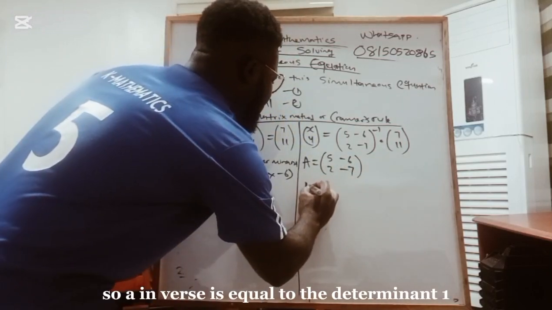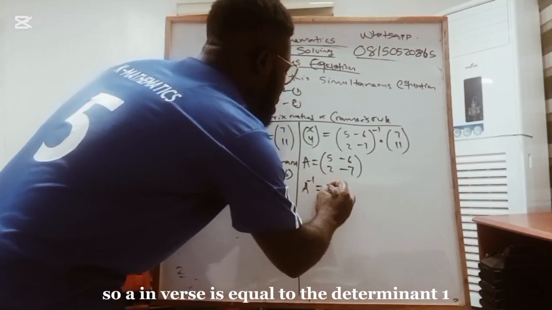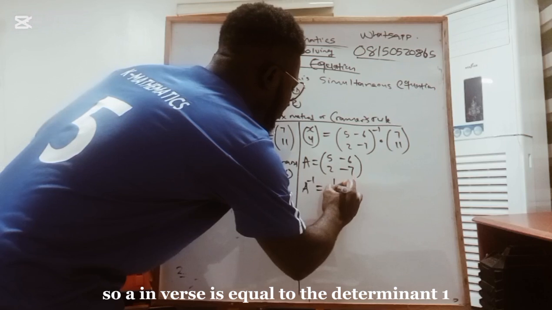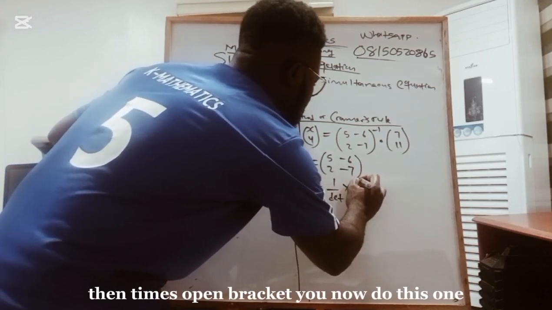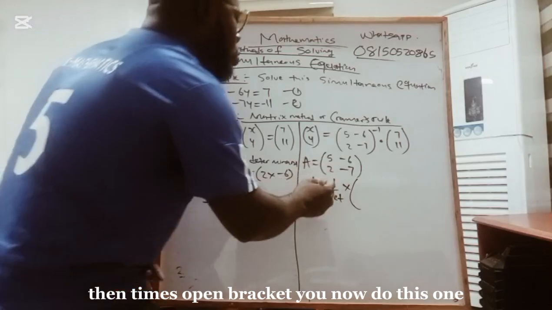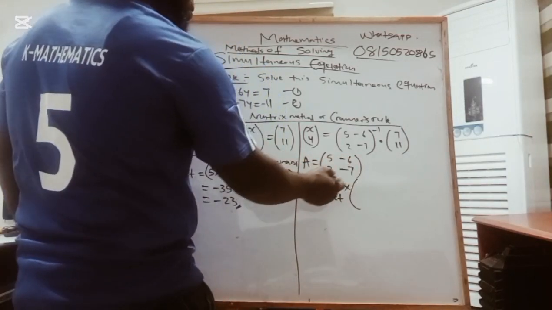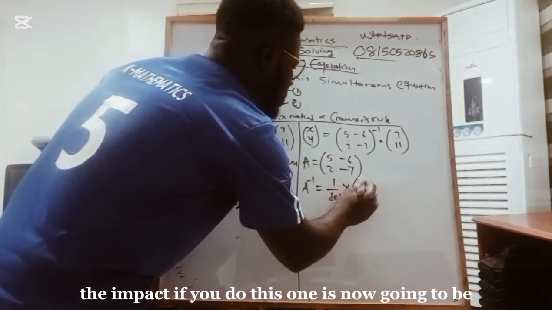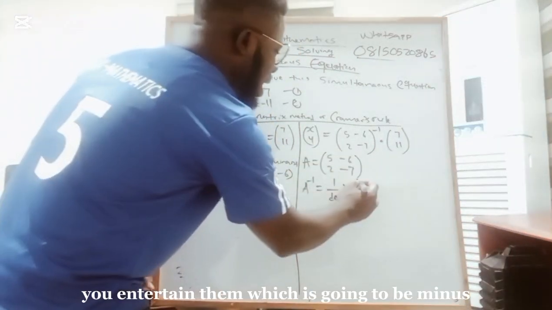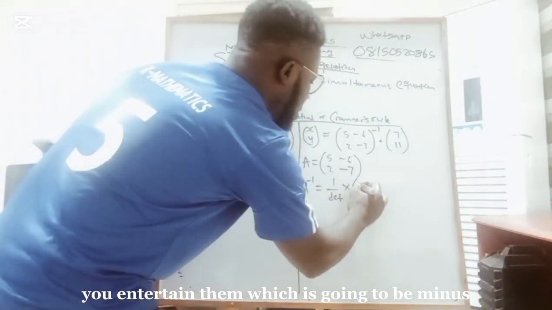So A inverse is equal to 1 over the determinant, times, open bracket, you now do this one. The inverse, if you do this one, you interchange them, which is going to be minus.